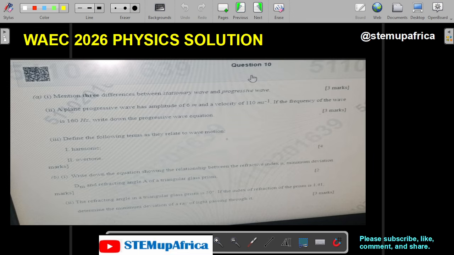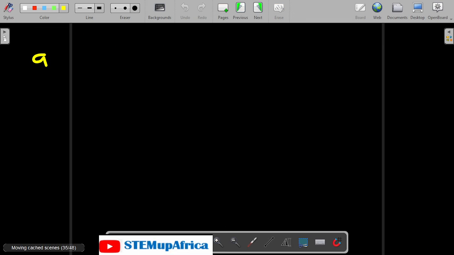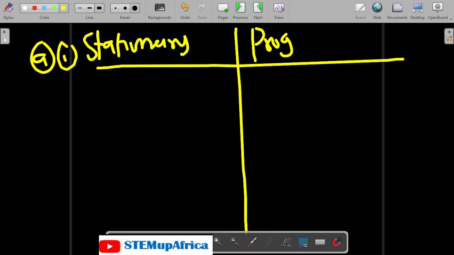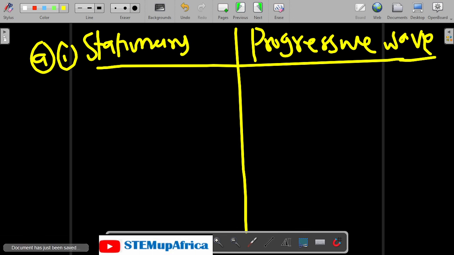So let's put that in tabular form. Roman figure 1, this is stationary, while this is progressive wave. Although it's not a must to put them in tabular form, it's easier to do it that way.